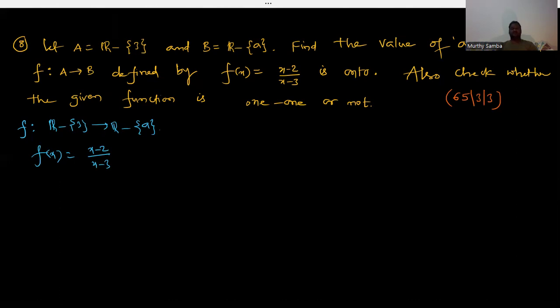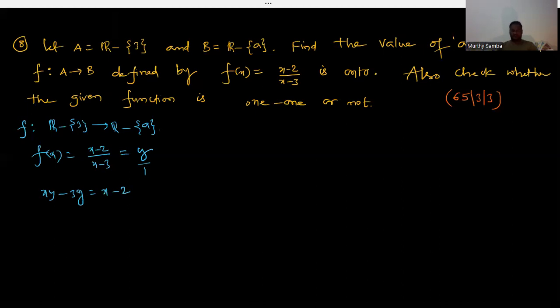Okay, so onto function in the sense what? When you are checking for onto function, let it be y. Let's go with the working rule. (x minus 2) by (x minus 3) is equal to y, y means y by 1. Do cross multiplication: xy minus 3y is equal to x minus 2.